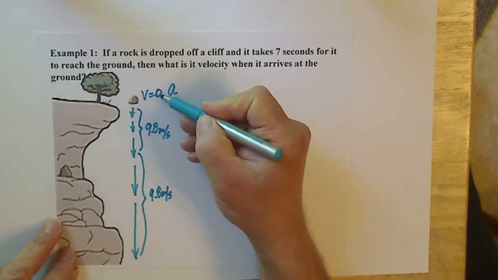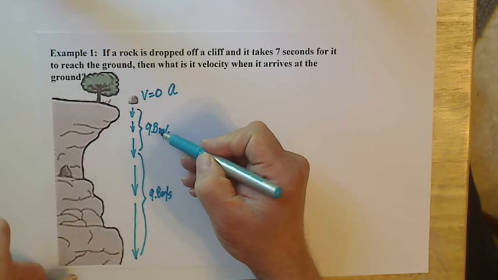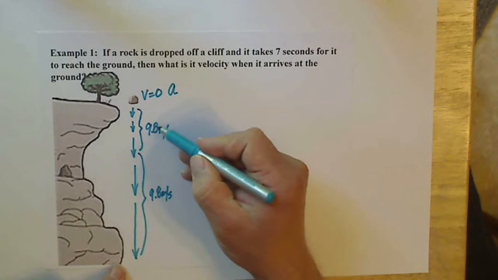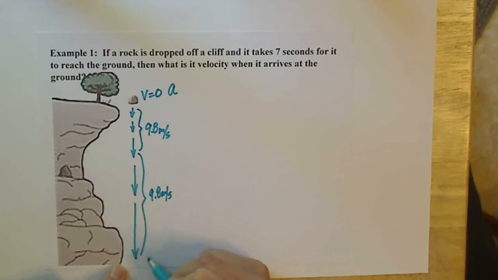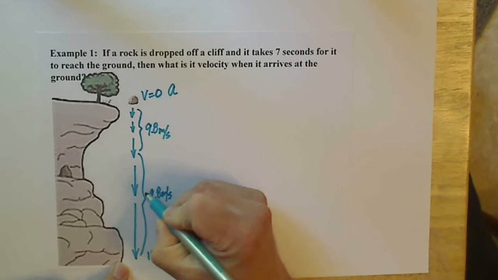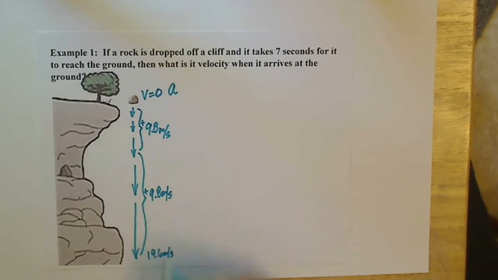So at first it's going 0, and then it's going to be going 9.8 meters per second after the first second. After the second second, it's going to be going 9.8 plus 9.8, so it'll be going 19.6 meters per second. But it gains 9.8 meters per second every second that it drops.